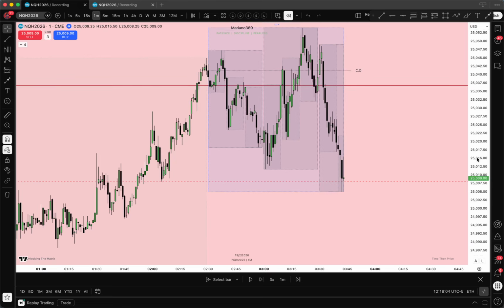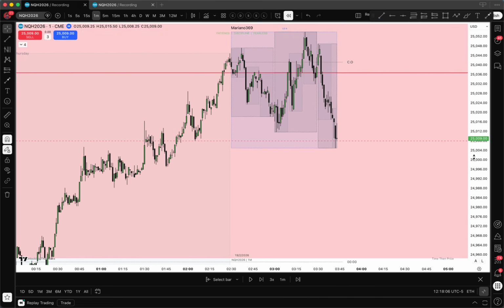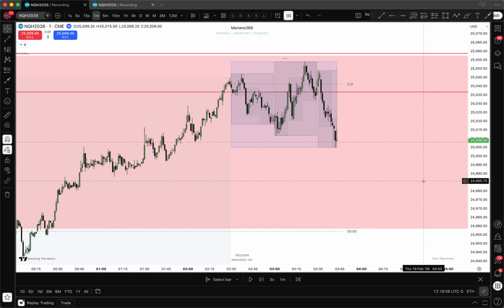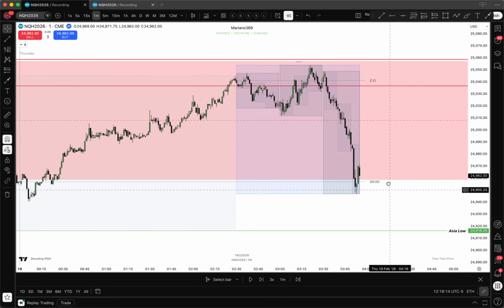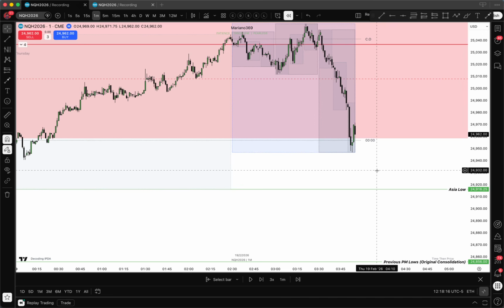We broke below time cycles lows and we use them as resistance, which is definitely what we want to see in a bearish market. And price just rolls down, uses every new bearish CB, every new bearish PDA as resistance.